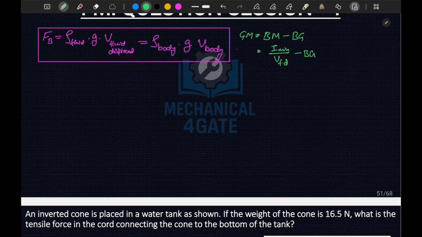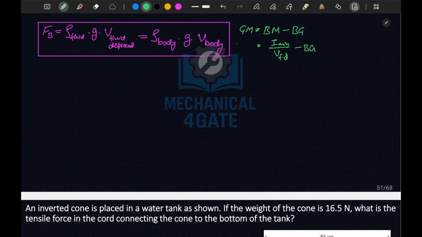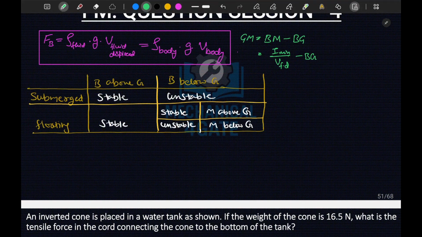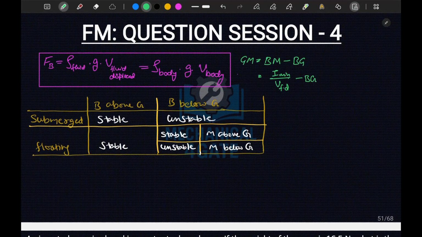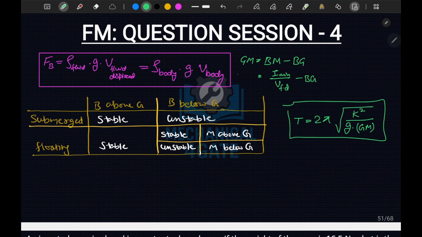Now, this is your case for stability of your submerged and floating bodies. And your time period of the flotation is given by 2 pi root of k square by g times GM. So these are some important points.